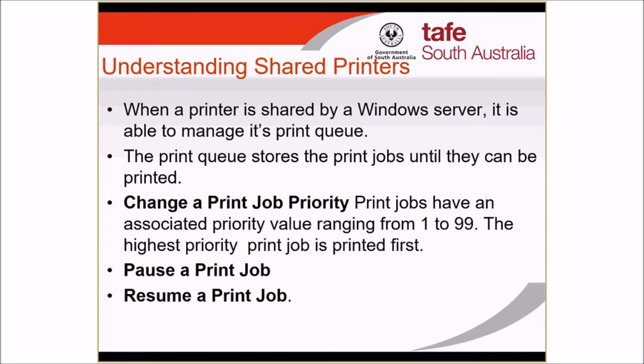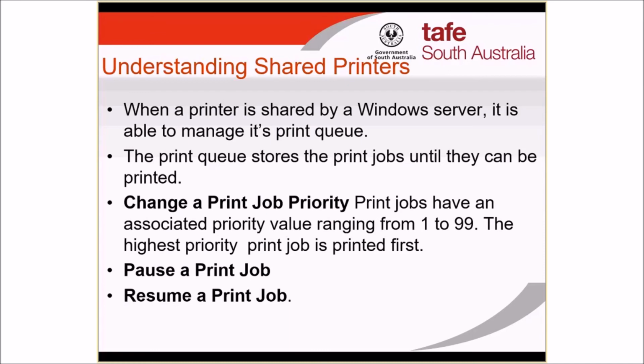When a printer is shared by a Windows server, it is able to manage its print queue. What does that mean? If I'm the administrator or someone with that permission, I can go into the print queue. Remember the lineup of print jobs? There's 20 of us. We all printed. But I know that Dajung's print job is super important because he needs to get it out for this client ASAP.